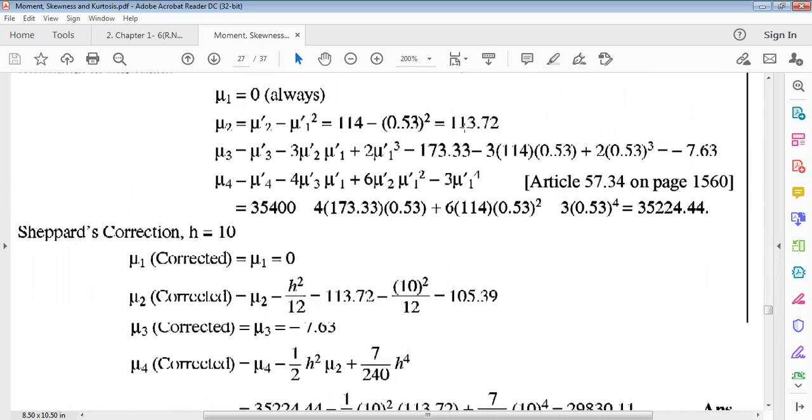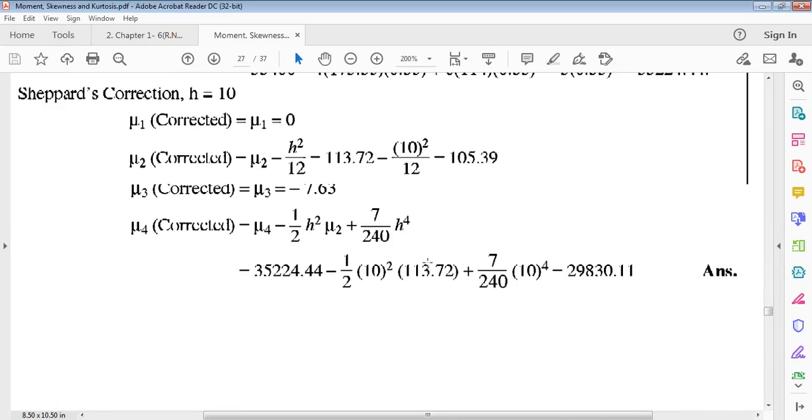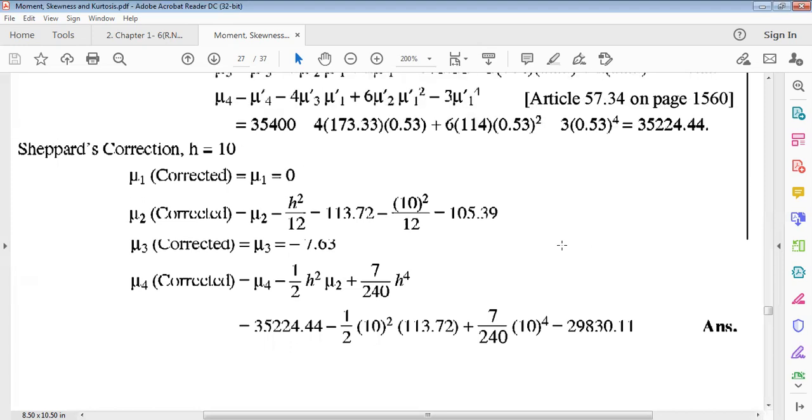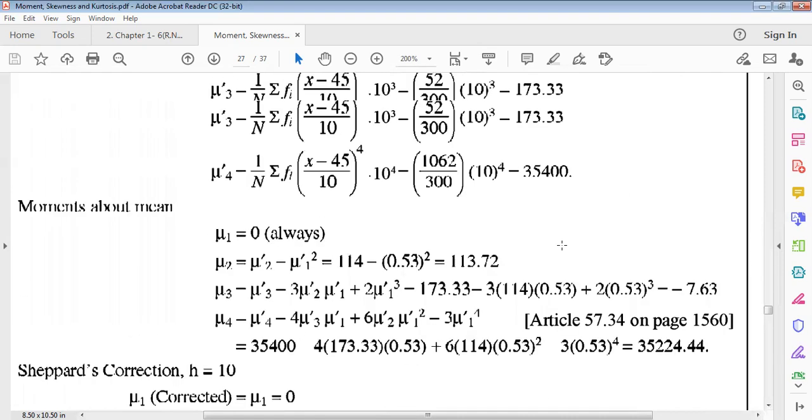The second corrected moment value is 113.72. Just putting these values, 7 by 240, then 10 to the power 4. Actually a equals 10, the length of the class interval. We will get this correction. So this is very important for you, how to find Shepard's correction and moments.